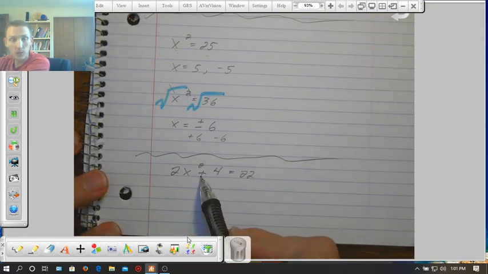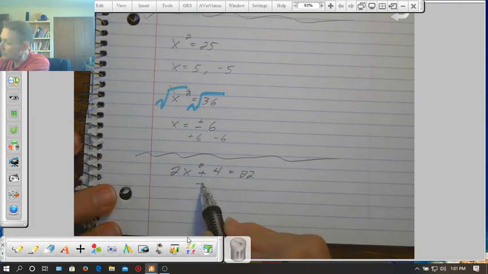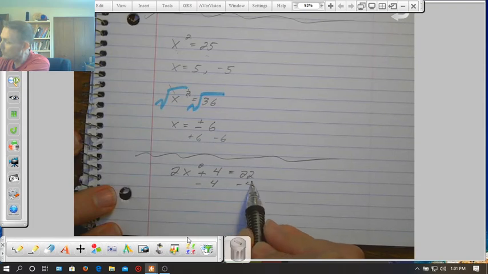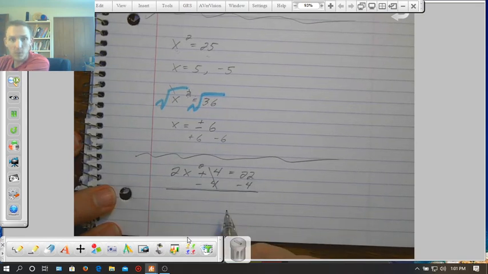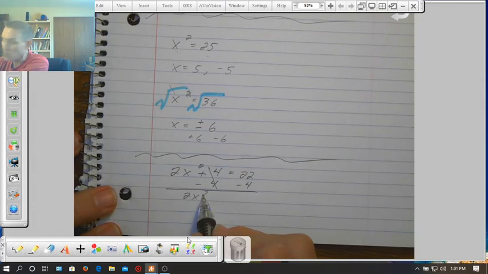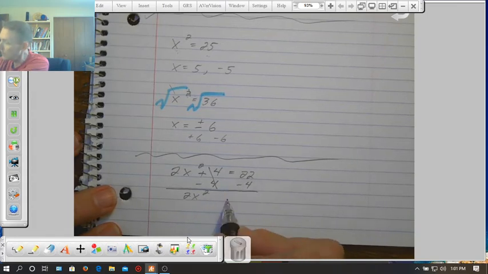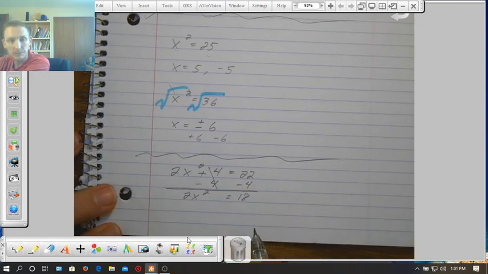So I'm going to start with the opposite of plus 4, and that's going to be to subtract 4. The plus 4 and the minus 4 cancel out. 2x squared comes down, equals comes straight down, and 22 minus 4 is 18.